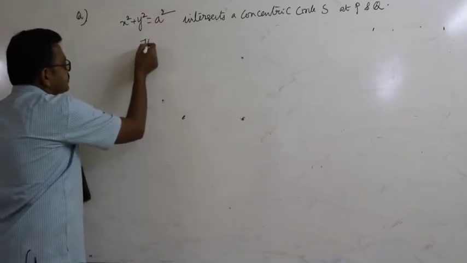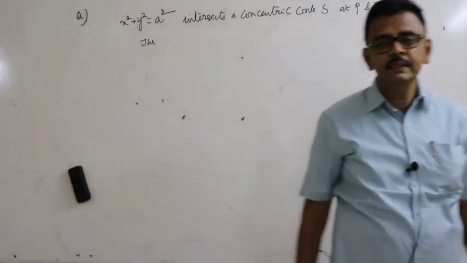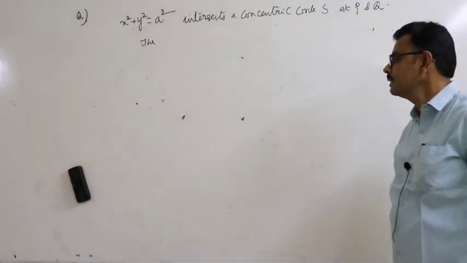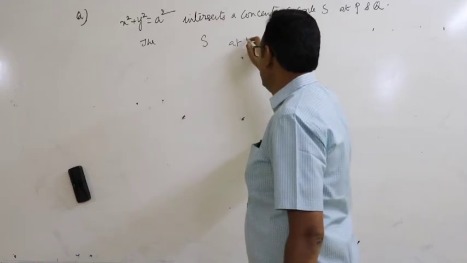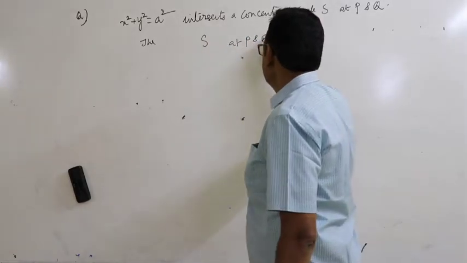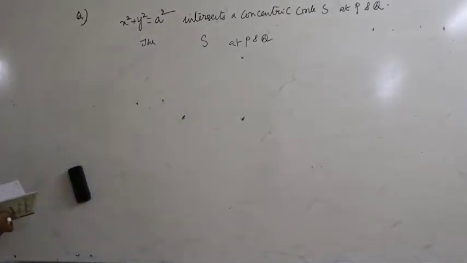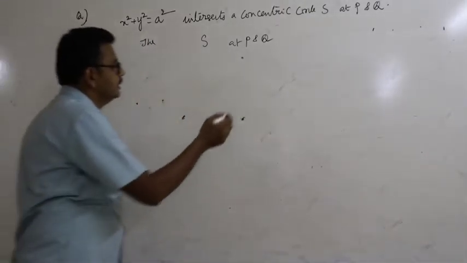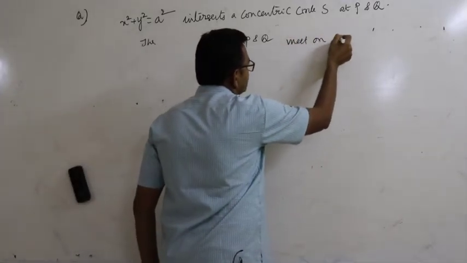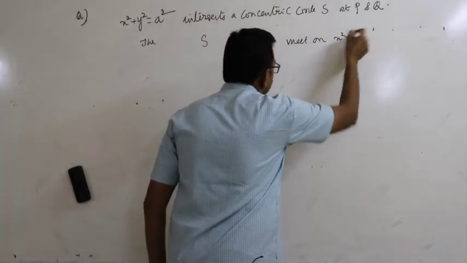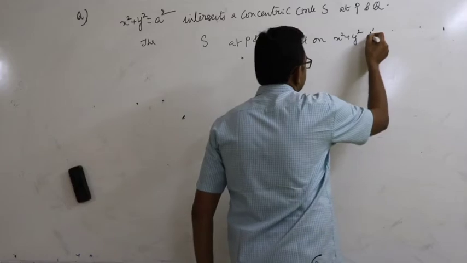The tangents to the circle S at P and Q meet on the circle x square plus y square is equal to b square.